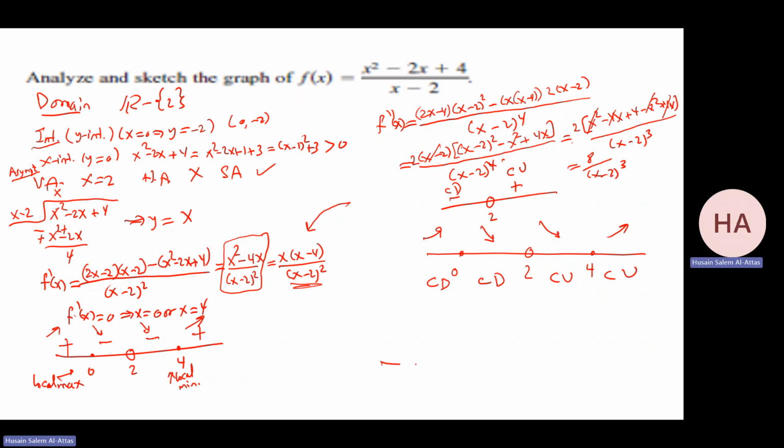Now I want to graph the function in one place. Take the values: I have 0 and minus 2. This is the y-intercept, no x-intercept. I have the slant asymptote y equal x.